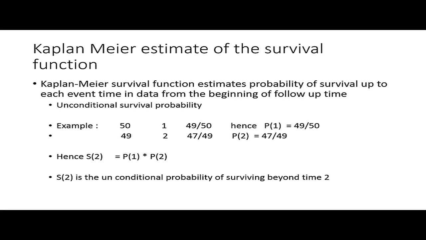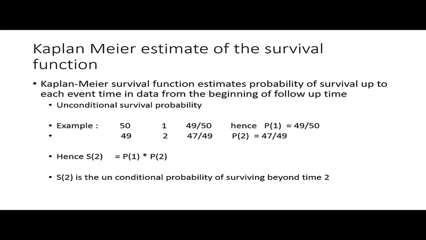Okay, so S of 2 is nothing but the product of the conditional probability of survival at time 1 multiplied by the conditional probability of surviving beyond time 2. Okay, it's the basic probability rule. One event happening at time one, second event happening at time two. What's the probability that jointly both are happening? So it's the multiplication, given that they are independent of each other.